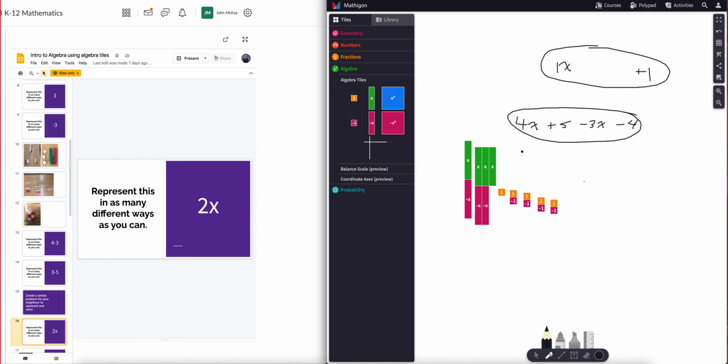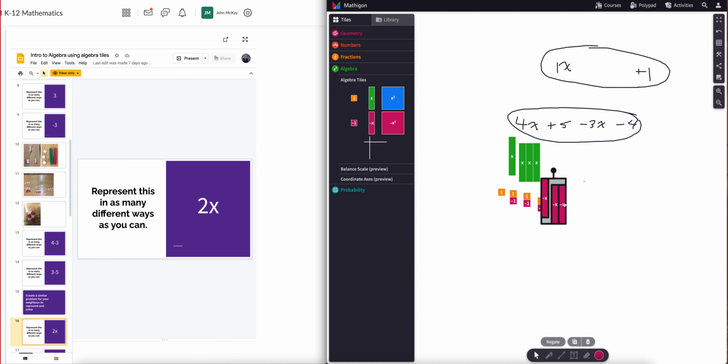And your job was to organize it accordingly, right? And all you did is you grouped the like terms together, right? So we took our 4 green rods, and I looked at it and said, okay, well, I can group the green rods with the negative rods, right? That cleans up the rod portion of the question.